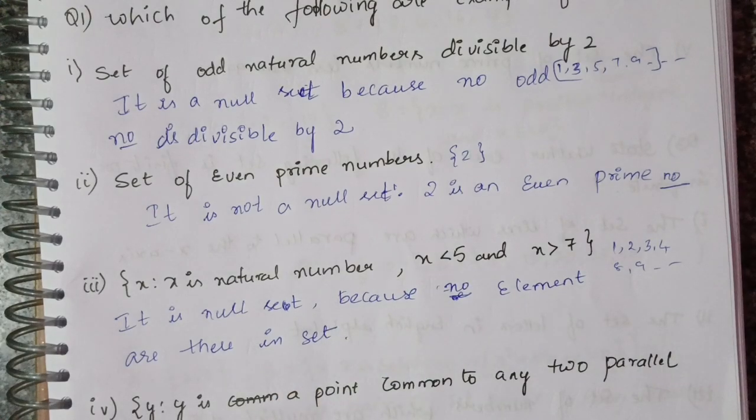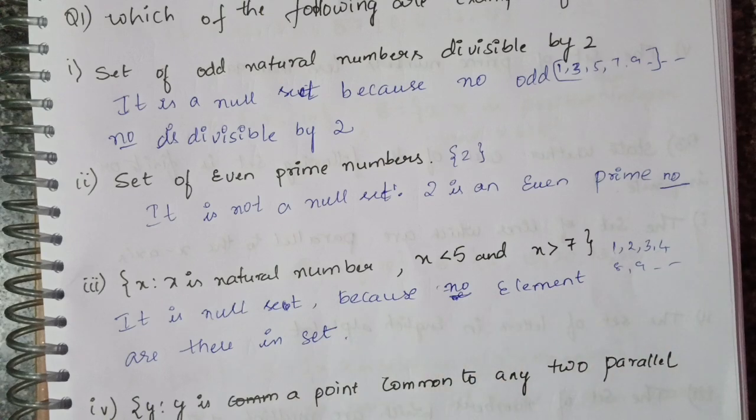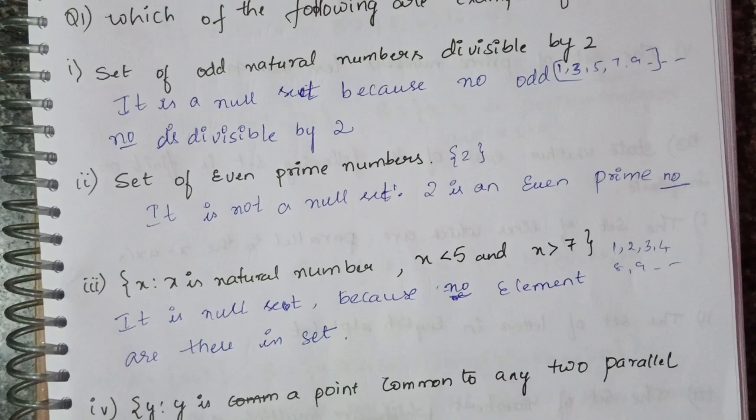In between, no elements are there. x less than 5 means 1, 2, 3, 4. Greater than 7 means 8, 9 and like that. In between no numbers will be there. So this set is a null set because no elements are there in the set.